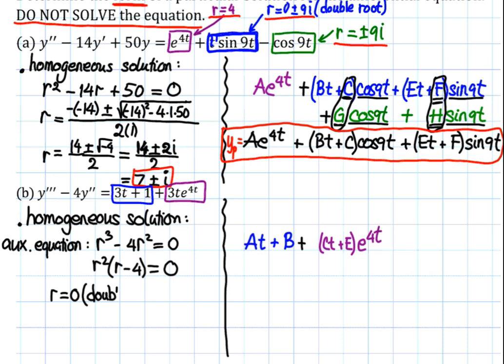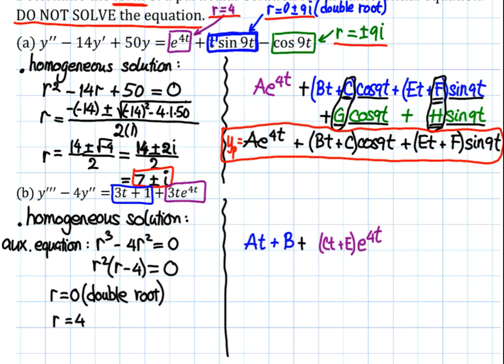We have to distinguish the single root, double root, or any higher multiplicity. And r equal to 4, and this is a single root, or multiplicity of 1. Right. Now we have the roots for the homogeneous equation.